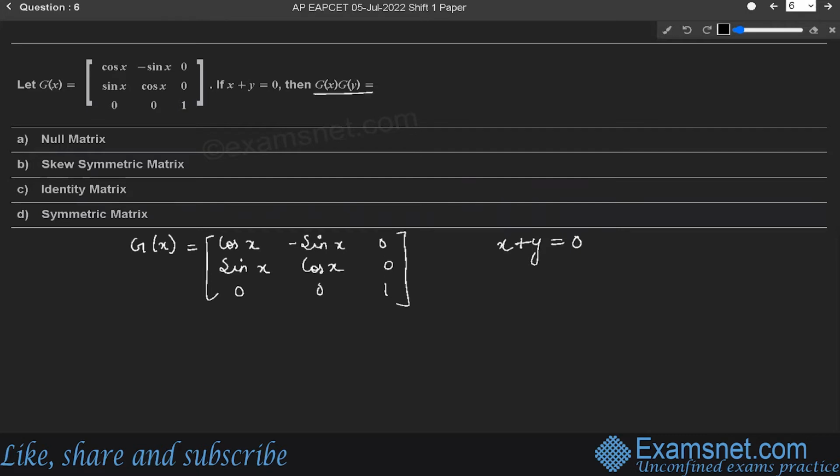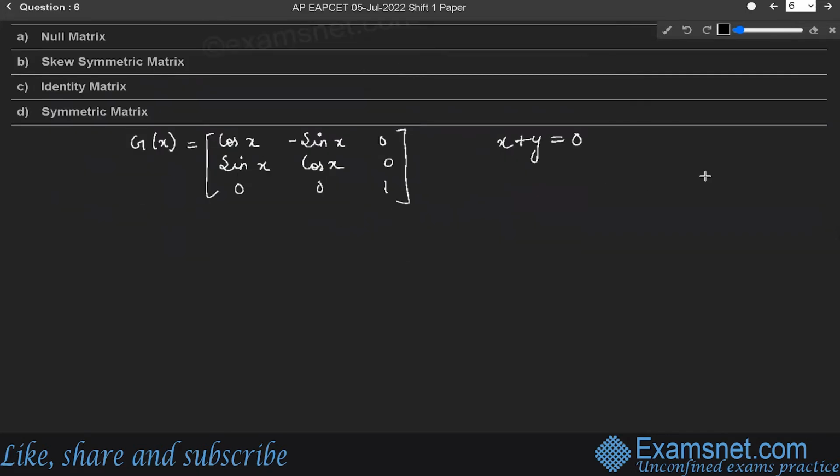Then g of x into g of y is equal to. g of x is already given. If g of x is this matrix, then g of y will be equal to [cos y, minus sin y, 0; sin y, cos y, 0; 0, 0, 1].